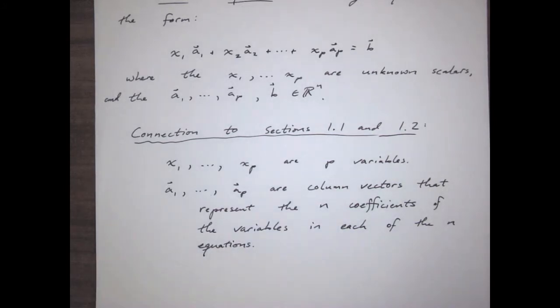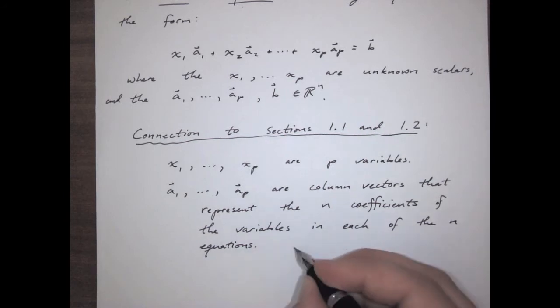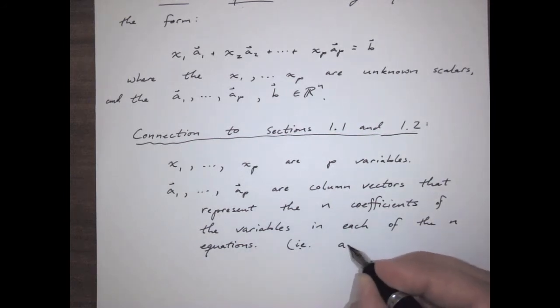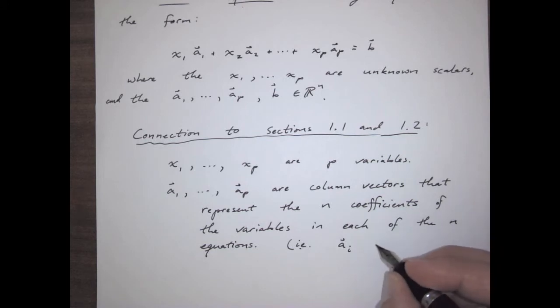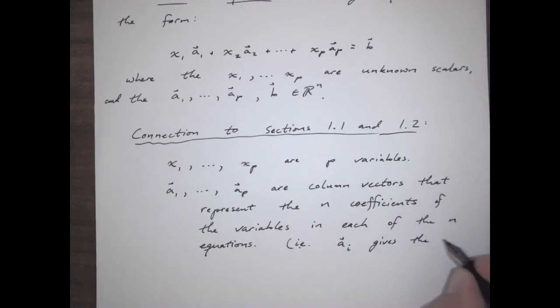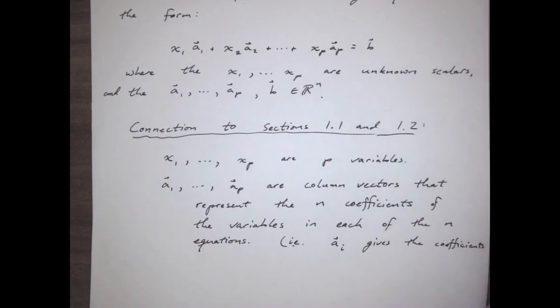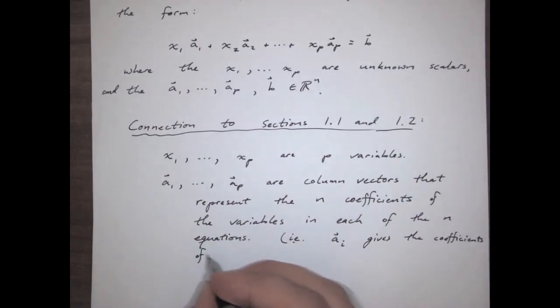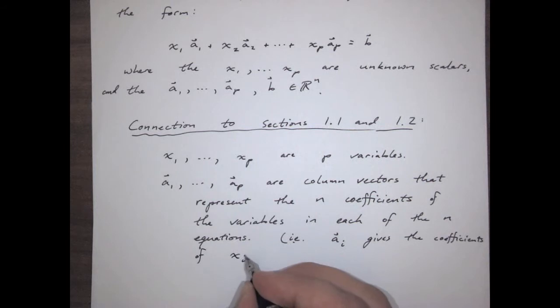So in other words, let's just say ai, some generic i, this represents the n coefficients of xi. This gives the coefficients of xi.